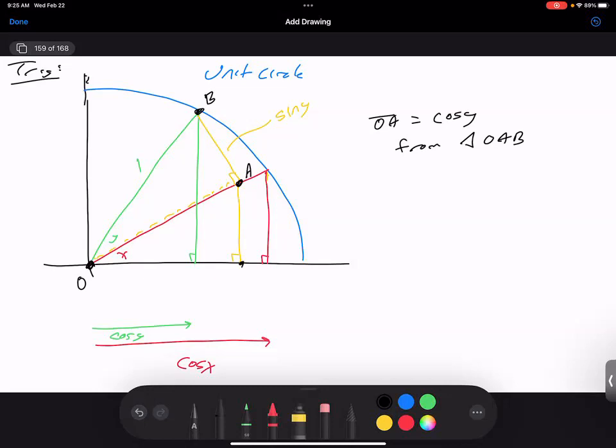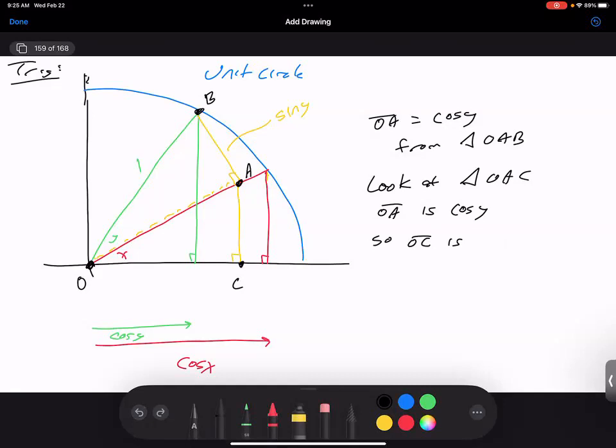Now, let's call this point C over here. Look at triangle OAC. We know the length of OA is cosine y, so the length of OC is going to be... I'm sorry, it's going to be... What's the length of OC?